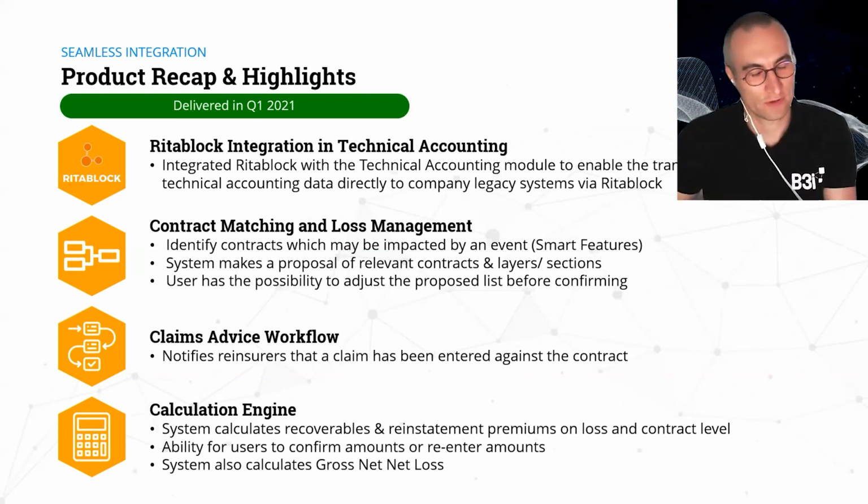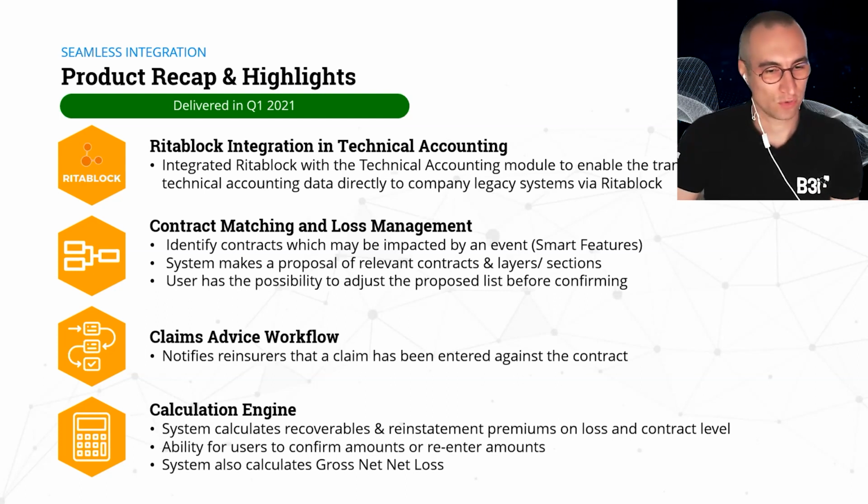We can now support sophisticated endorsements, which is one of the biggest pain points. If you remember, the industry may achieve synchronicity when the contract is bound, but then suddenly when an endorsement happens, this synchronicity is lost. And we are enabling the ledger to support the evolution of the contract and therefore associate the technical accounts to the contract that is evolving according to those inputs.